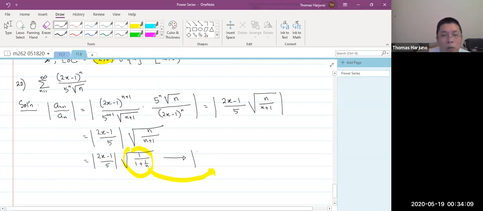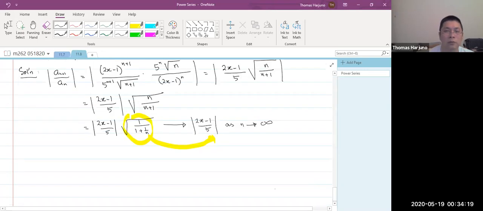So the whole thing will go to the absolute value of (2x minus 1) over 5 as n goes to infinity. Then in my ratio test, this limit is supposed to be less than 1.